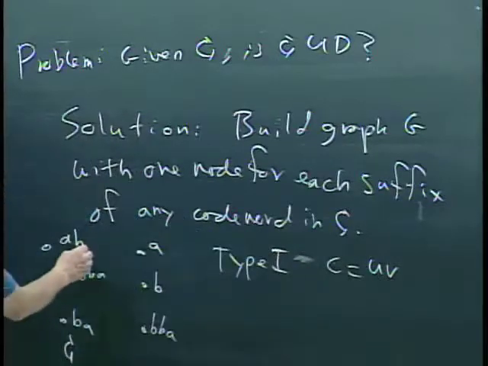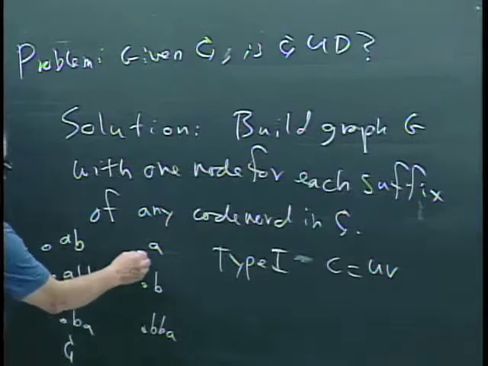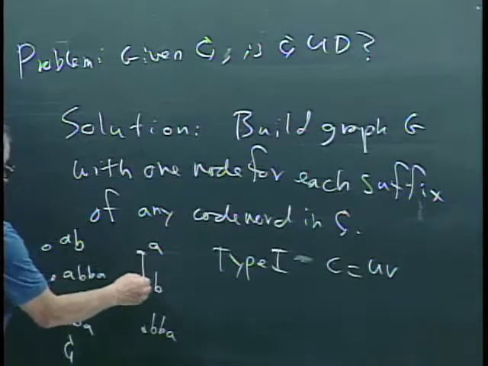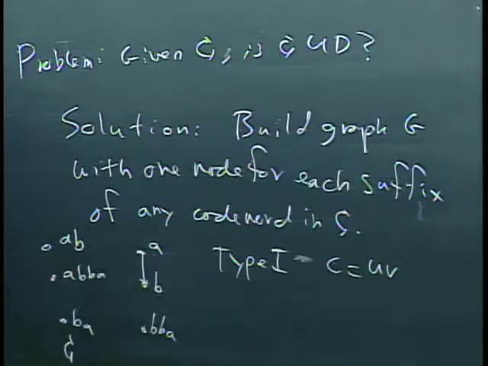So do we have any type 1 here? A code word which is equal to UV, and yeah, of course, from A to B, this is U, this is V, AB is a code word, and that's fine. And AB goes to BA because ABBA is a code word. So here's another one, and there could be more.